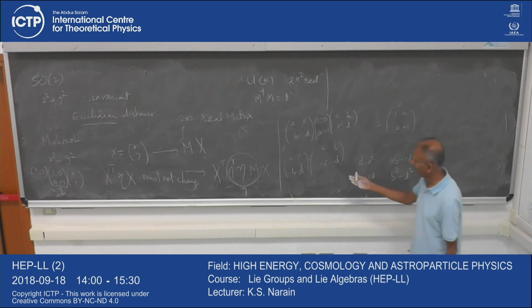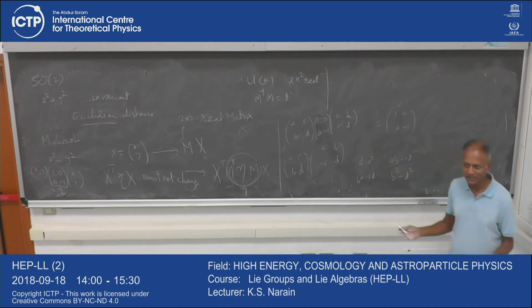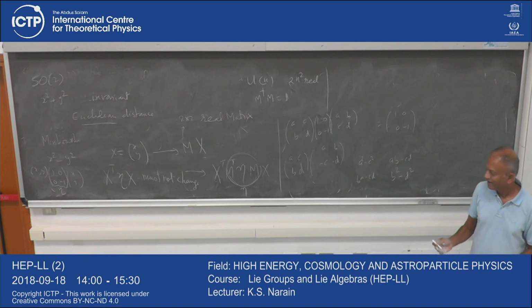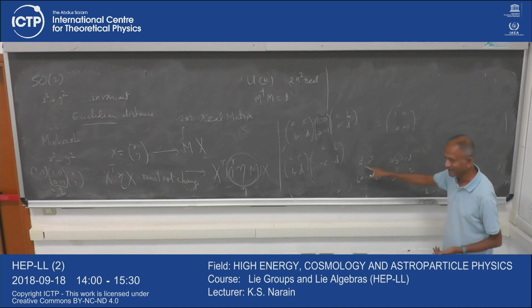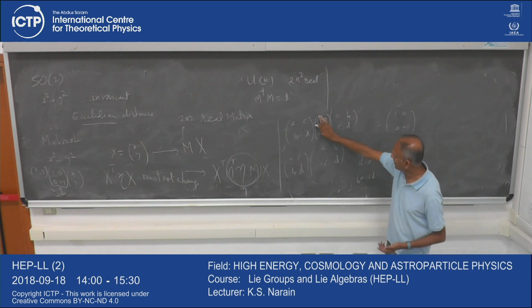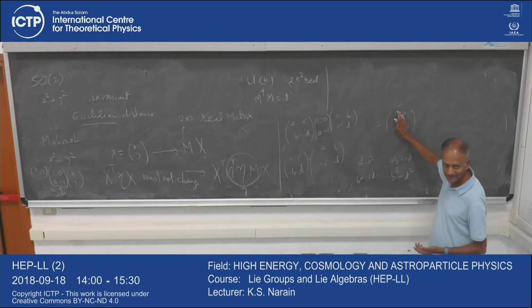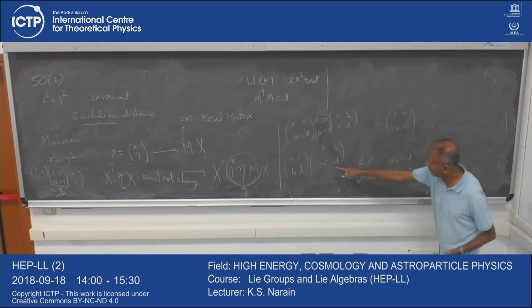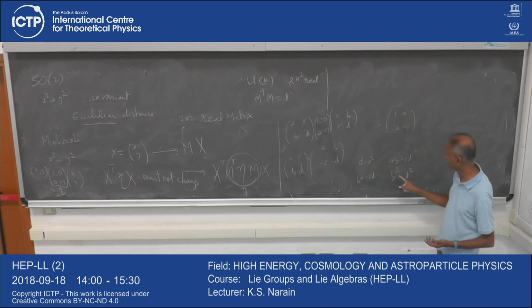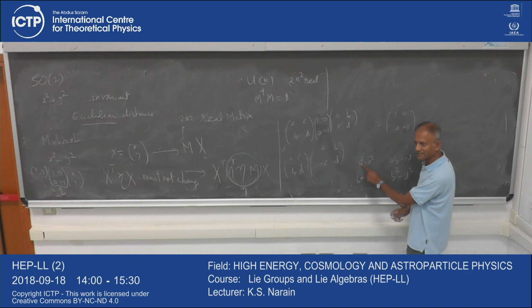Now in the O2 case, it was cosine theta and sine theta, because these signs were plus here: a square plus c square. In the O2 case this was 1, and that was also identity. So there was no minus sign here, these are all plus signs. In that case, you have trigonometric functions: cos square theta plus sine square theta is 1.